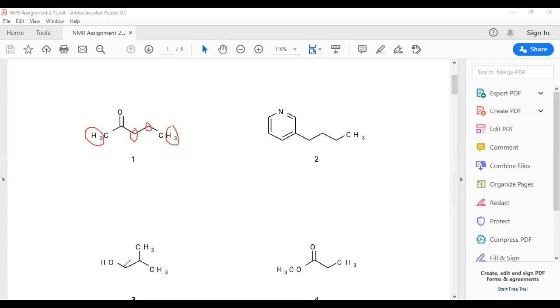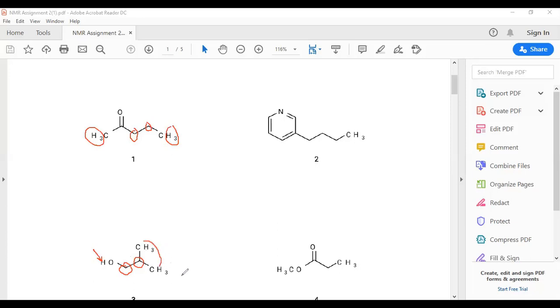What do you think? The OH may or may not show up, depending on the resolution of your instrument, but let's say it does show up. So that's going to be 1. What about here? There's a CH2 right there, right? Yes. And then here there's a CH, isn't it? Yes. And then what about these right here?